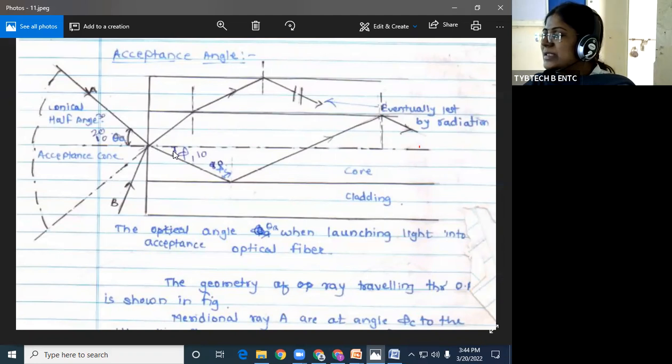आता स्नेल्स लॉ नुसार इथं काय होईल, N0 sin theta A is equal to N2 sin phi 1. आता एअरचा रिफ्रॅक्टिव्ह इंडेक्स जास्त आहे का कोरचा जास्त आहे सांगा. कोरचा. Refractive index of any solid media is always greater than refractive index of air.